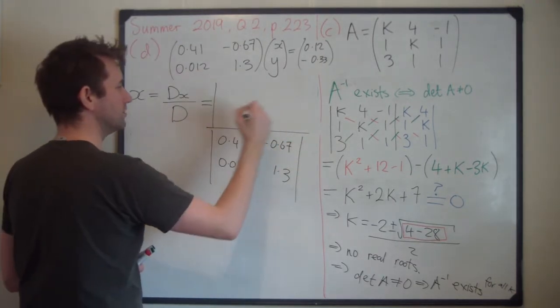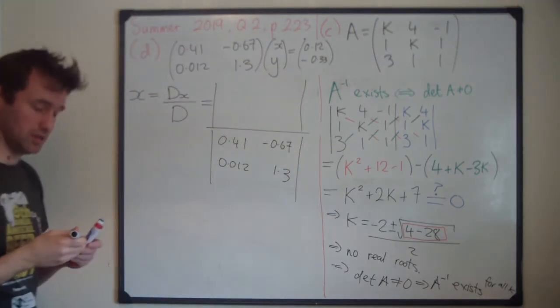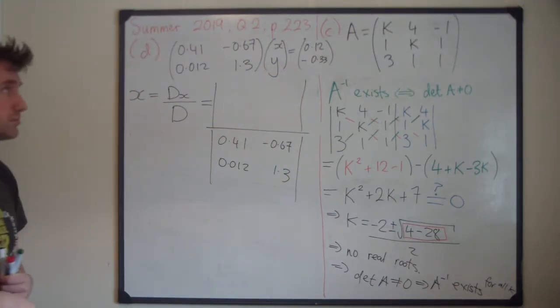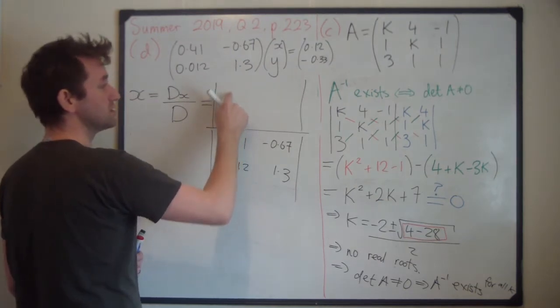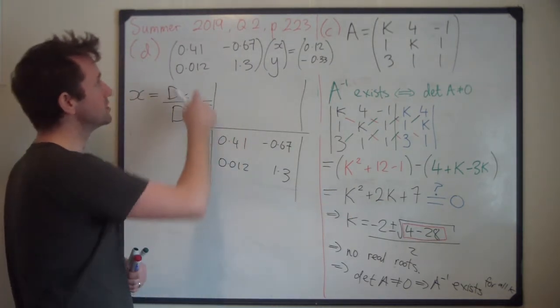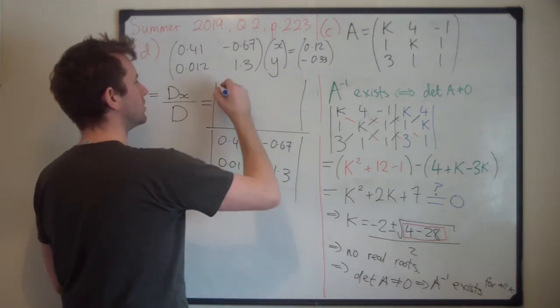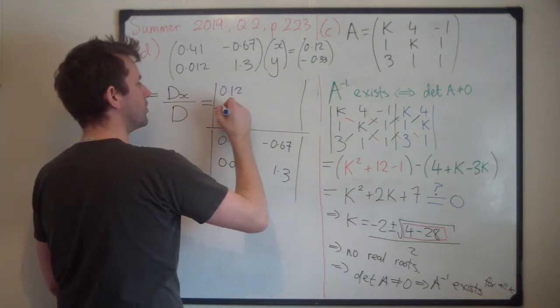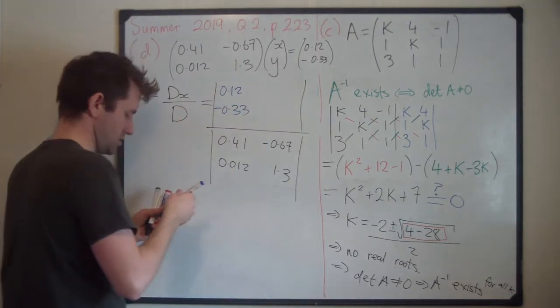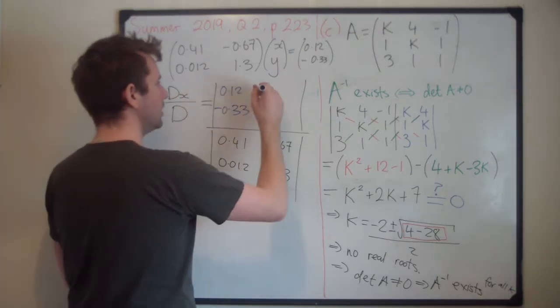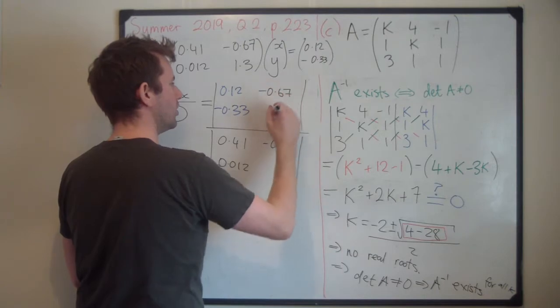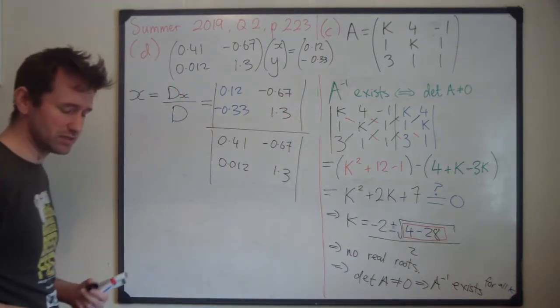And what Dx is, it's the same thing, and this holds of course for the 3 by 3, except instead of the x coefficients here, now if you look back at the question, you'll see that these are the coefficients of x, put in the constants. And then you're left with minus 0.67, 1.3, and now it's just a question of right down diagonal minus left down diagonal.